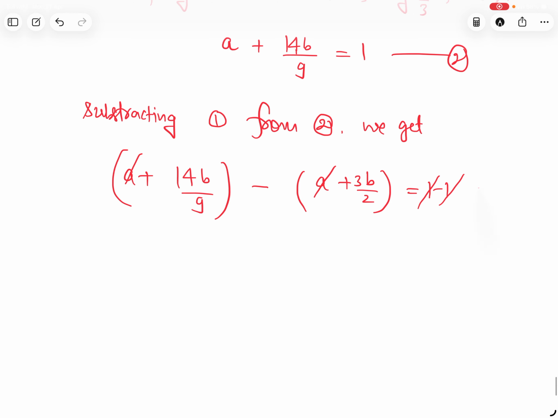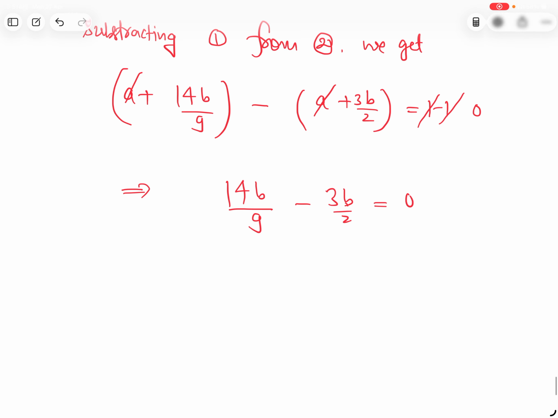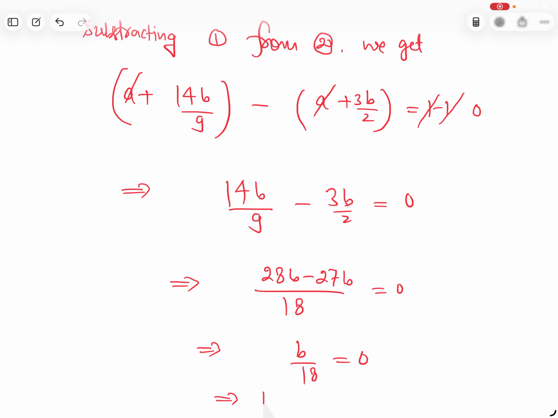This is 0. So this is 14b by 9 minus 3b by 2. After solving this, what you will get? 27b is equal to 0, that means b is equal to 0.